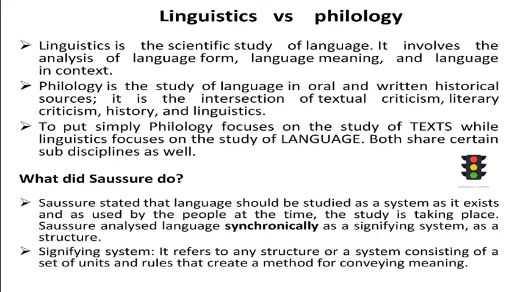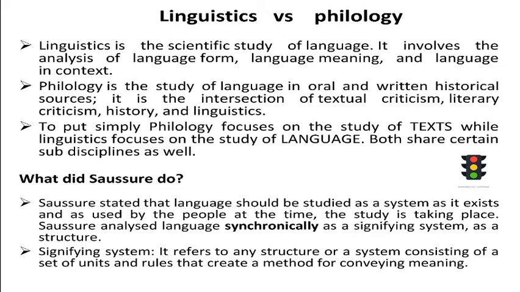It is the intersection of textual criticism, literary criticism, history, and linguistics. To put simply, philology focuses on the study of texts, while linguistics focuses on the study of language. Both share certain subdisciplines as well. Now, what did Saussure do?